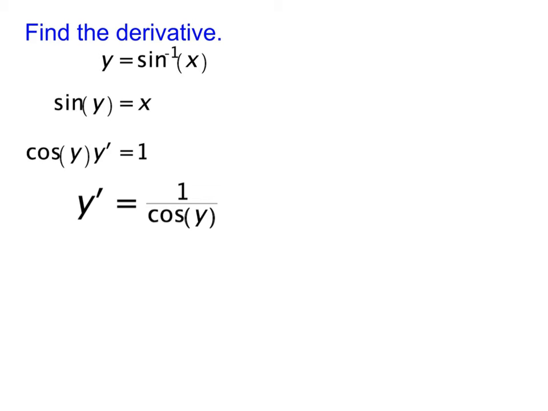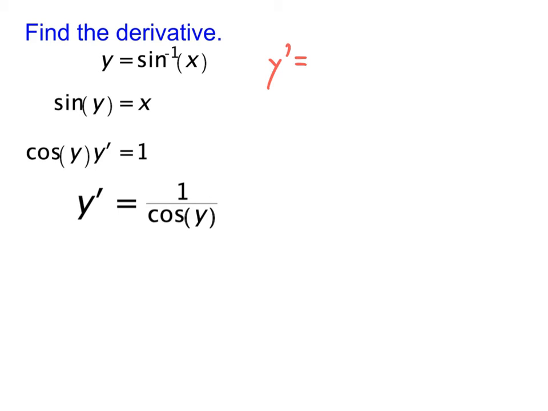usually when we have a rule, we want to be able to get down to a rule that says if y equals inverse sine of x, then y prime will equal this. And usually this does not have y in it. Normally it's all just x, right? So we need to get a little creative now. We need to figure out how we can do this.